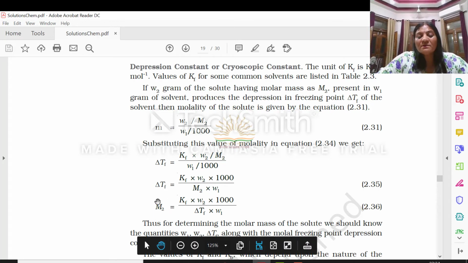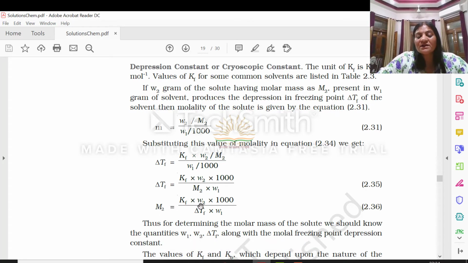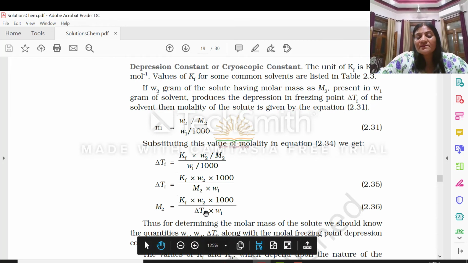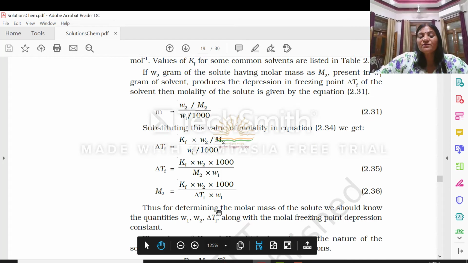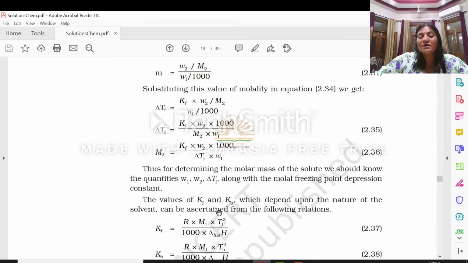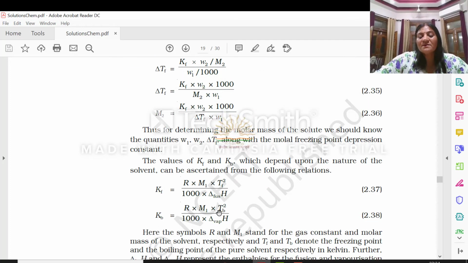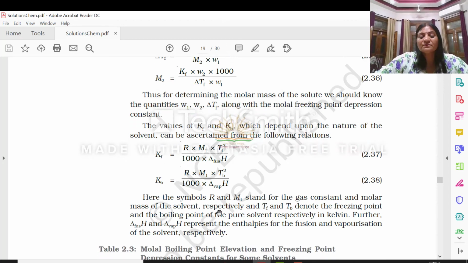Again the molar mass of the non-volatile solute can be calculated by this equation: Kf, cryoscopic constant, into W2, mass of the non-volatile solute, into 1000, divided by depression in freezing point into W1, weight of the solvent. These equations are very much important from the examination point of view.